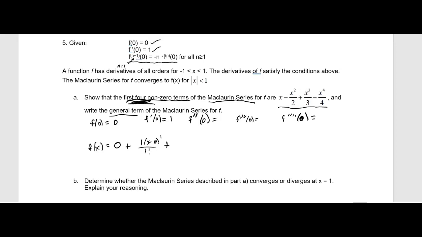So what that would tell us, in order to figure out what our derivative value is here, we're going to let the n on the other side be a 1. So that would be a -1. And then I would want times the first derivative, because n is again a 1, at 0.